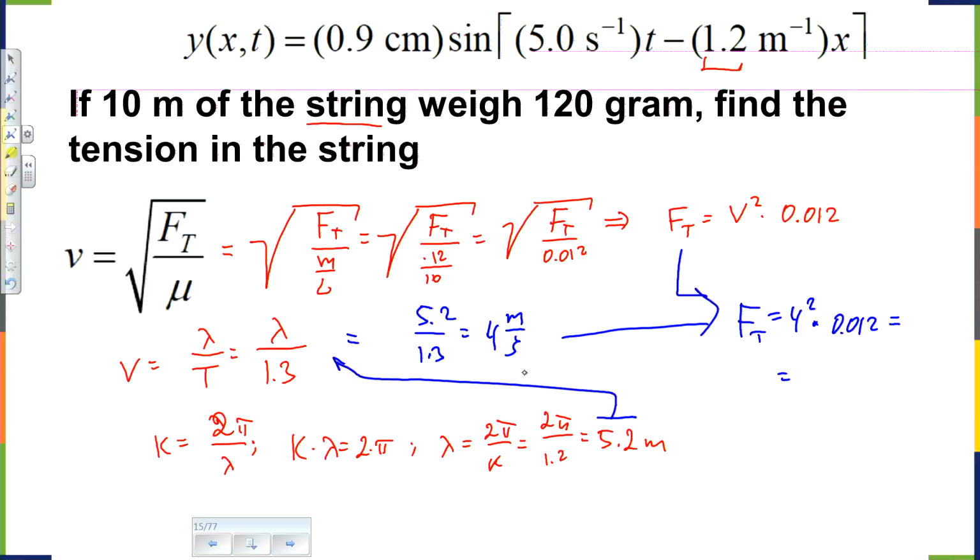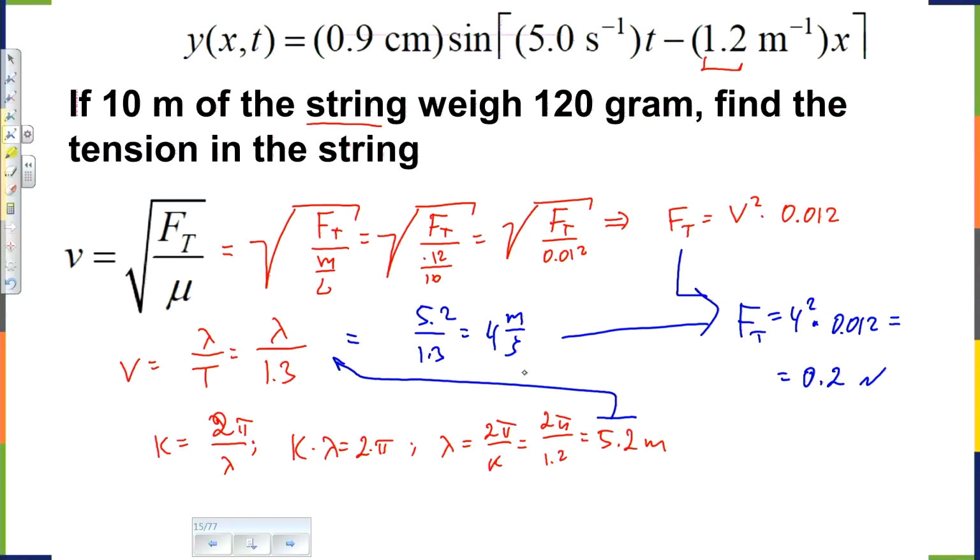So what? About 0.2 newtons. So I find this type of problems very straightforward.